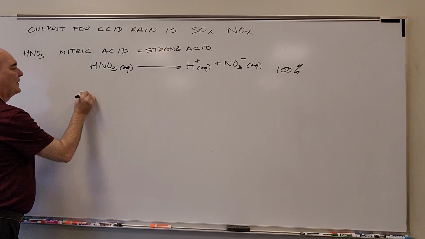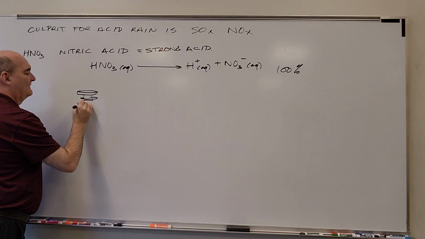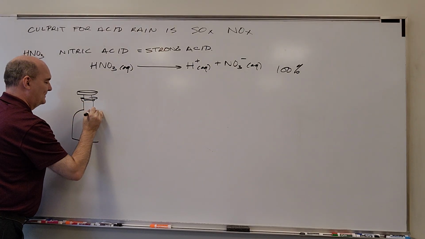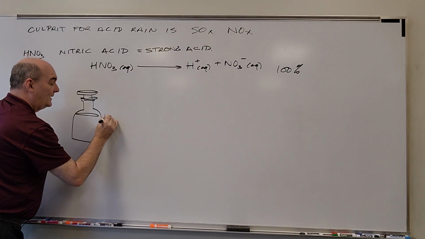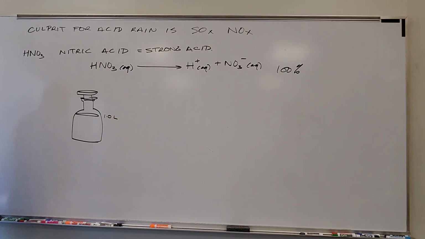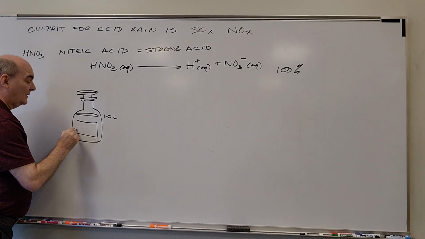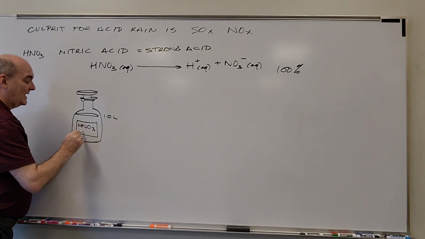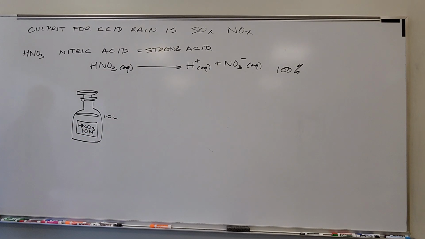If there is a bottle in lab, all right, let's treat this as an actual question. Here's a bottle in lab, and there is 1 liter of solution inside that bottle. And the label on the bottle, which we believe to be trusted, says that this is 1 molar nitric acid.